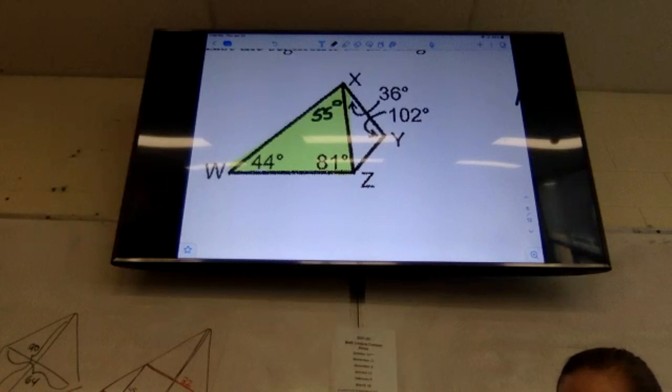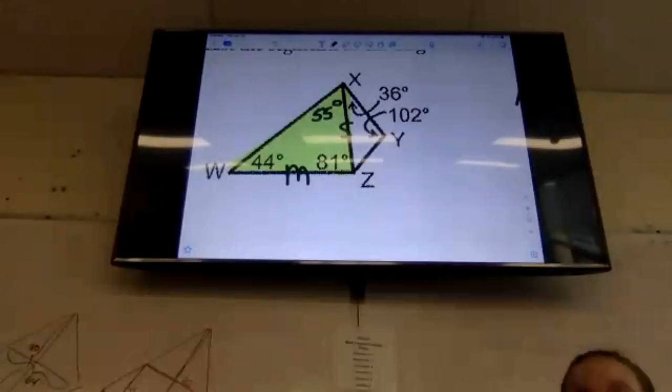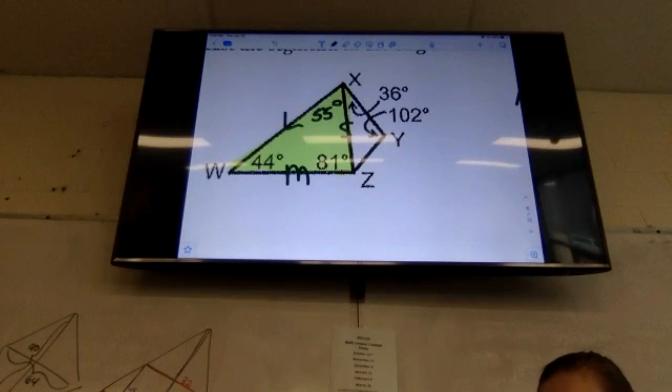XZ. WZ is my medium one. So we decided that XW is the biggest one, WZ is the medium, and XZ is the smallest one.